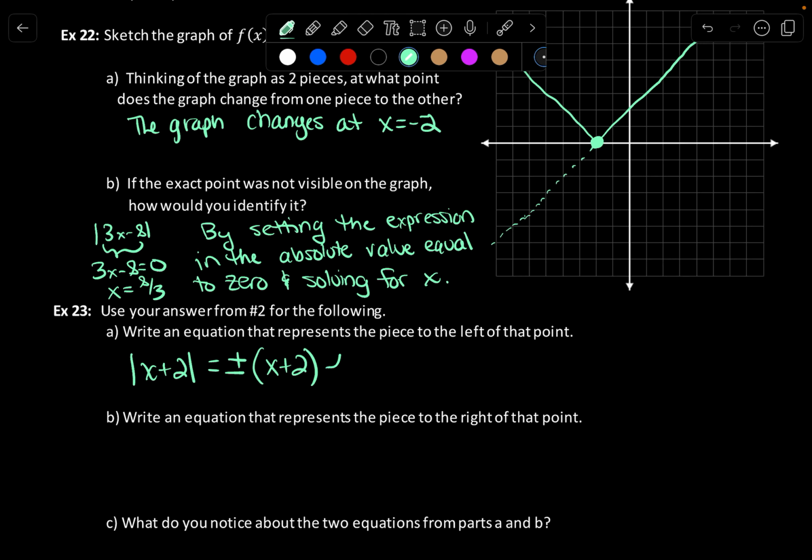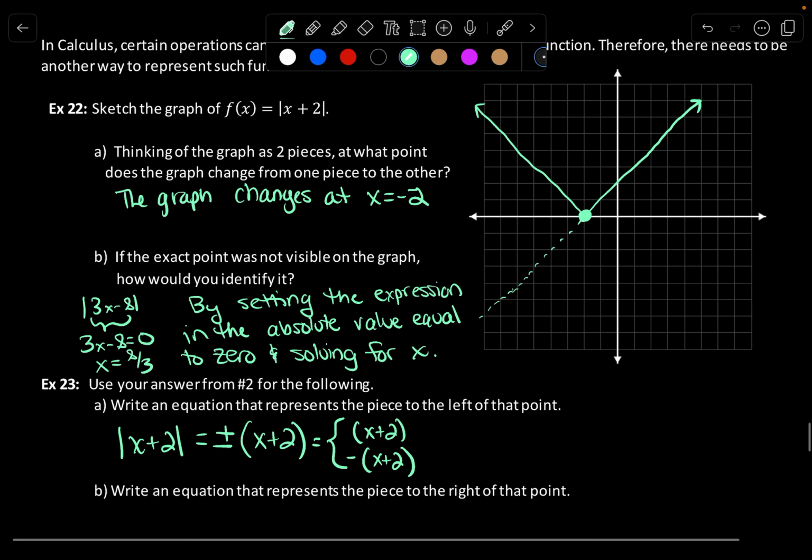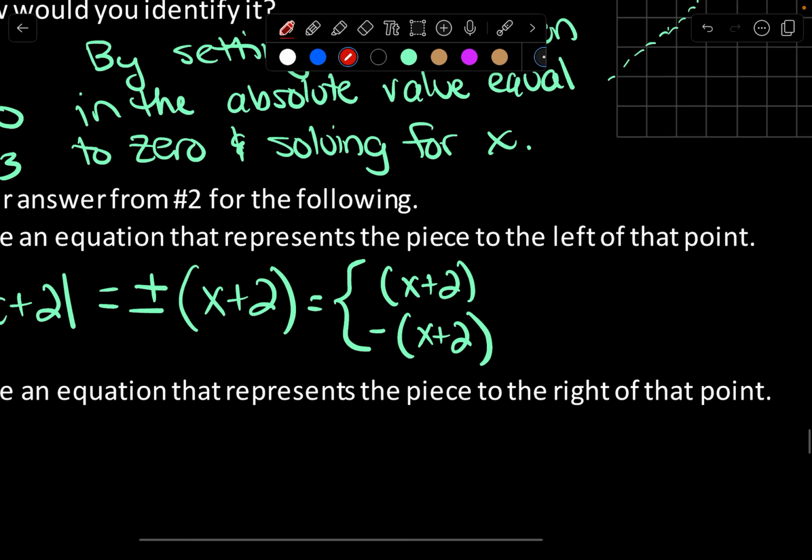So these two pieces are going to look like this. We have a positive x plus 2, and we also have a negative x plus 2. But particularly for the left, you can see that the slope is negative. It's -1 all the way down. So this piece has to have the function that is going to have that negative slope.